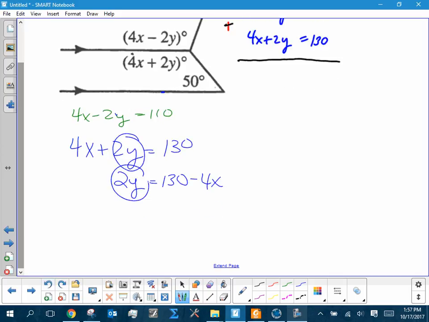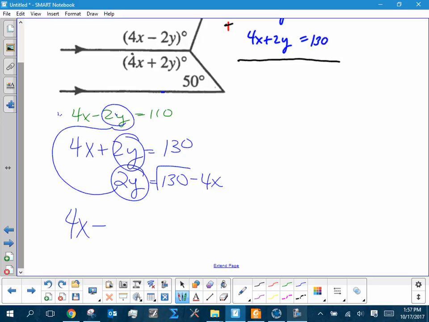Now I'm going to take that 2y, which is 130 minus 4x. I'm going to replace that 2y with it, okay? So it becomes 4x. We're writing this equation here, 4x minus now I'm taking that 2y, it was minus 2y, and it was one singular object, we call a monomial, okay? And I'm replacing it with two objects, a binomial, makes sense? And I want to make sure that I understand that in the original equation, 4x minus 2y, I subtracted 2y.